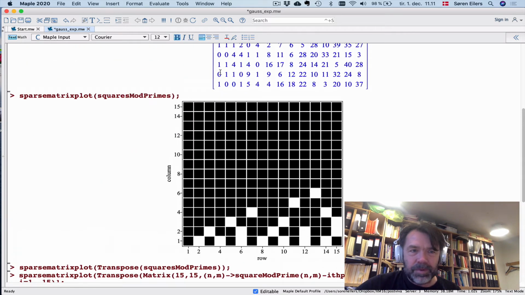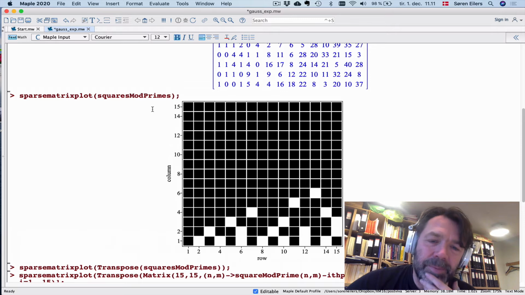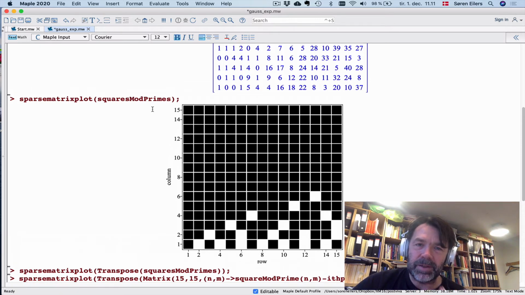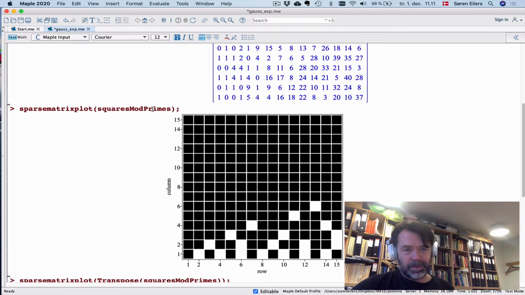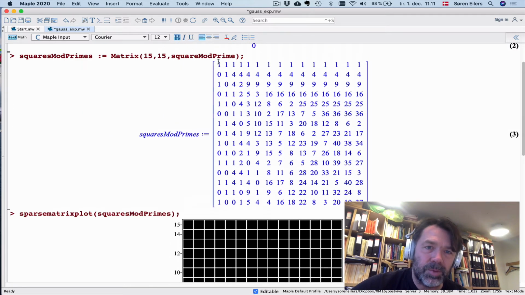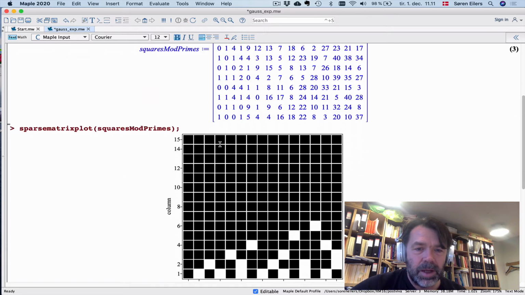And the first plot I'm making doesn't really make much sense, but I'm doing it mainly to emphasize that we have a little bit of a challenge here with some transpositions, because the way sparse matrix plot works is that it will put a black box if you have an entry which is non-zero, and a white box if you have an entry which is 0. And so you can see that the first column here, which is 1, 0, 1, 0, 1, 0, and so on, this is represented in the first row here.